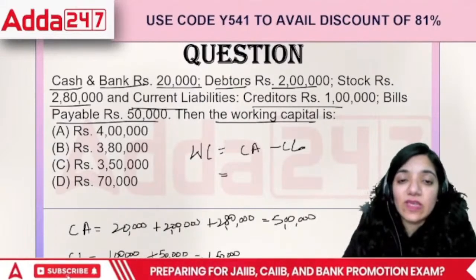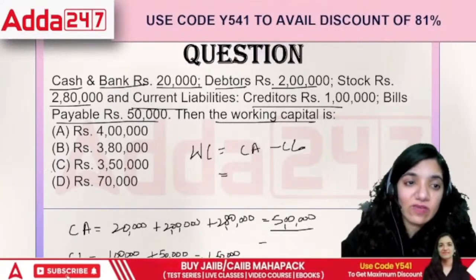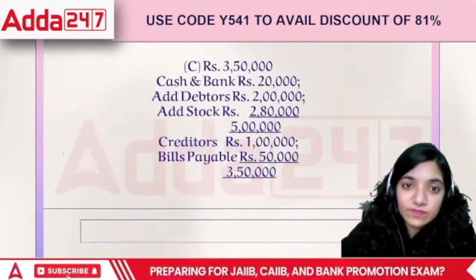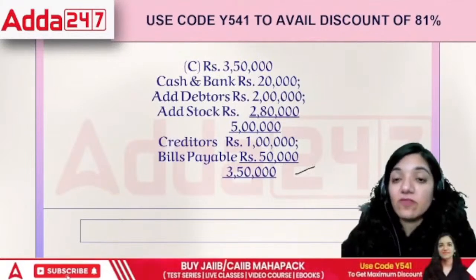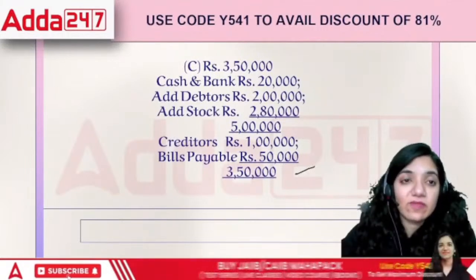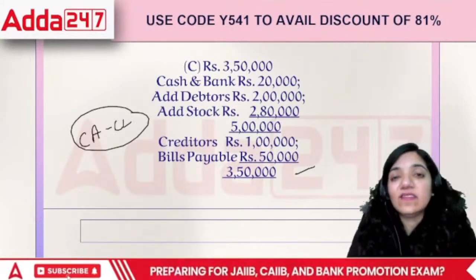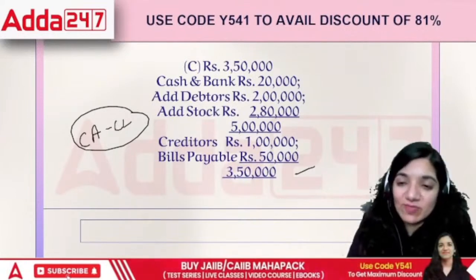So what would be the working capital? Just deduct 1,50,000 from 5 lakh, giving us a value of 3,50,000. That is our working capital. The formula for working capital is CA minus CL, current assets minus current liabilities.